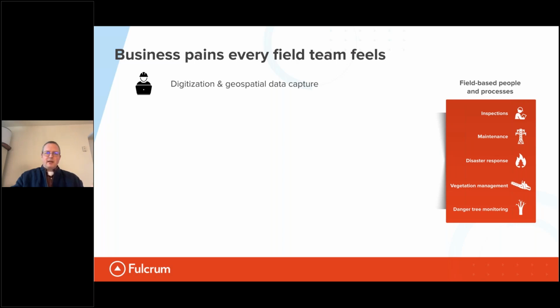First, by the difficulty that attends digitizing information and geospatial data capture. They're often using either paper maps, or they're using different applications on their phones or devices to capture that information. The digitization and geospatial data capture specifically is complicated. And one thing we've seen over and over again is that if it's hard for them to digitize this stuff, they will immediately revert back to paper.